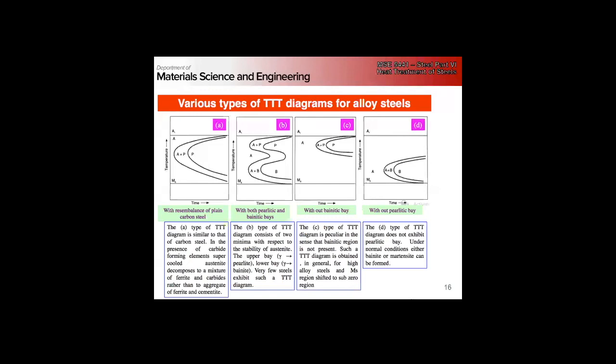We talked about ausforming, right, where we quench down into this metastable austenite region here, and then deform and then rapidly quench, right? Versus forming at higher temperatures, right?